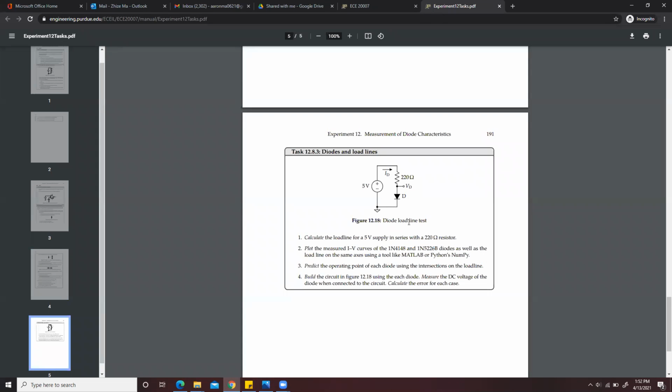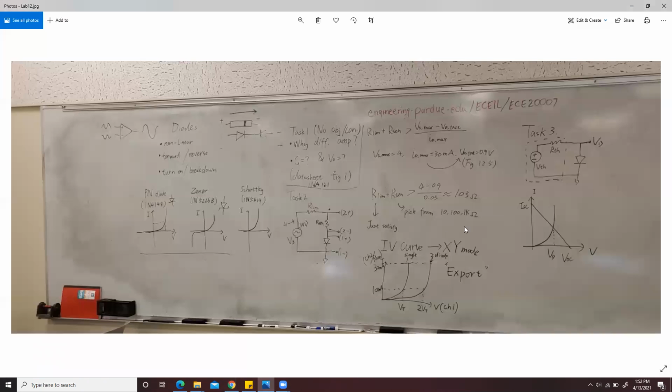For this task, you simply need to plot the load line and these two diodes' IV curves in one plot. It should be something like this. First of all, what's the load line, or how can you plot the load line? This is the circuit you will build, and for the load line, first you find the open-circuit voltage, also the VOC.